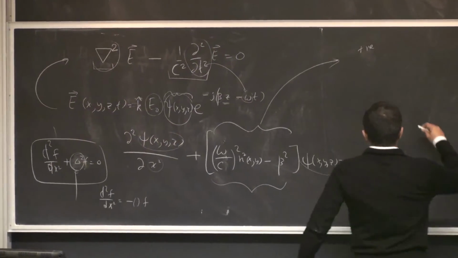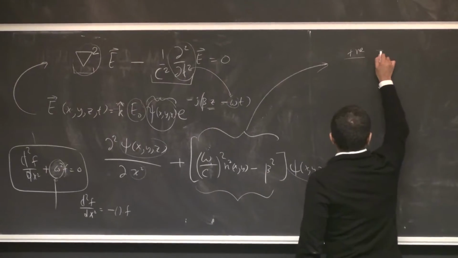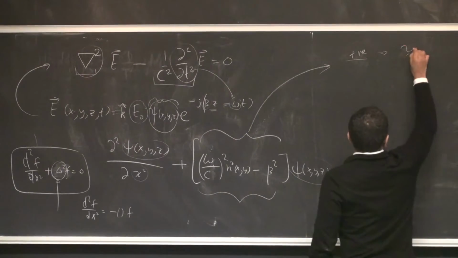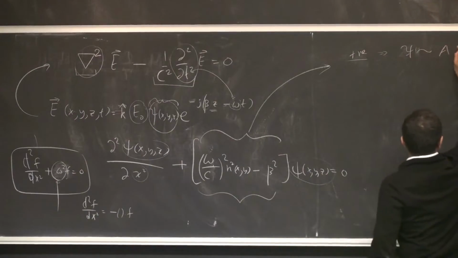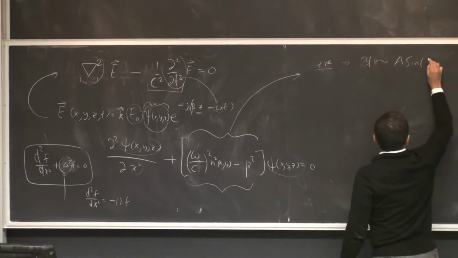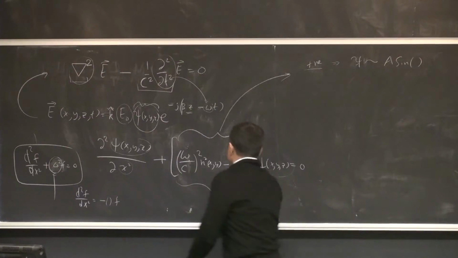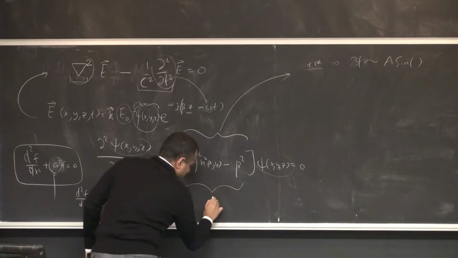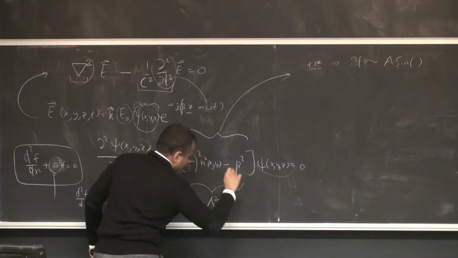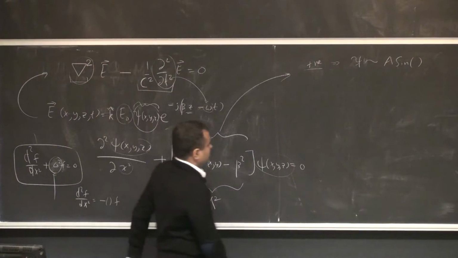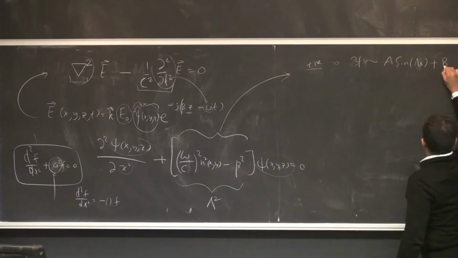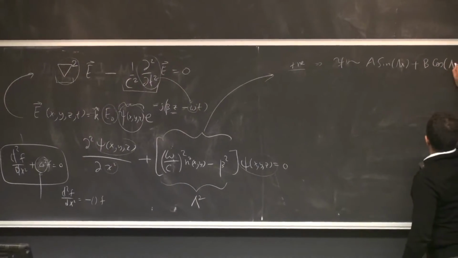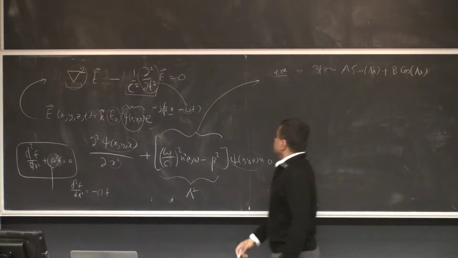Right away from there. If this thing is positive, you get psi as approximately sine of, let's call this quantity lambda squared. So you get plus b of cosine of that same thing, something like that.